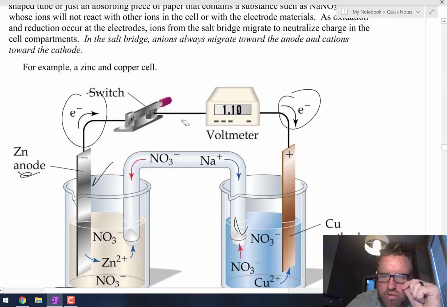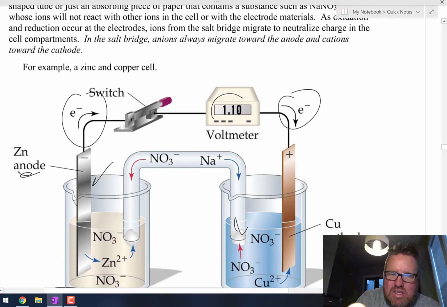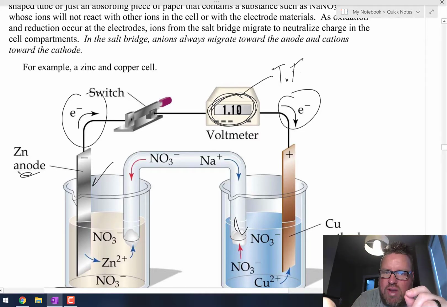Okay, if they give you two different equations, and I'll show you one here in just a second, and they ask which one's the anode and which one's the cathode, you know that this cell potential value here must be positive. For a thermodynamically favorable reaction, the cell potential is a positive value.